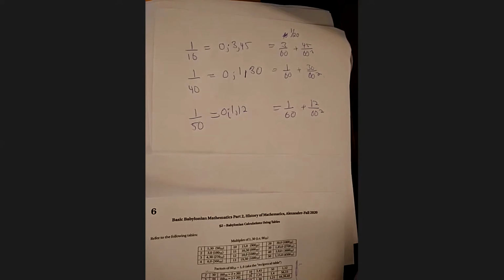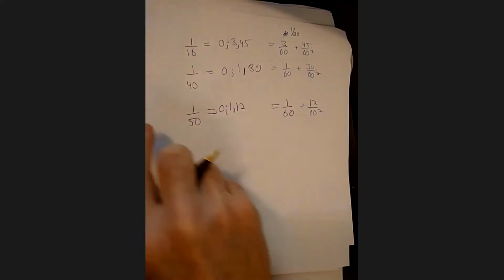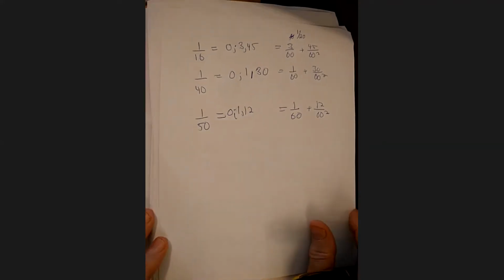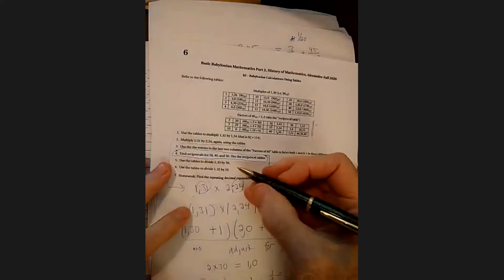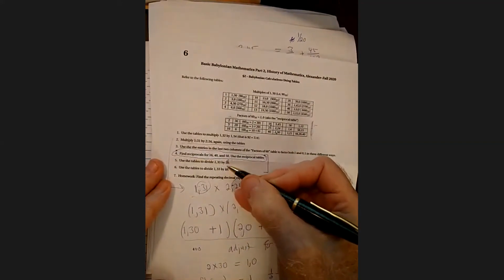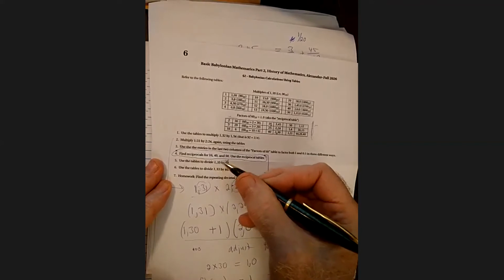Okay, so questions about that? So if you look back to the questions, I'll break you into groups. You have these two things to set up. You know what the reciprocals are. And again, even though it's division, we're going to be multiplying 1 comma 33 times 1 over 50.